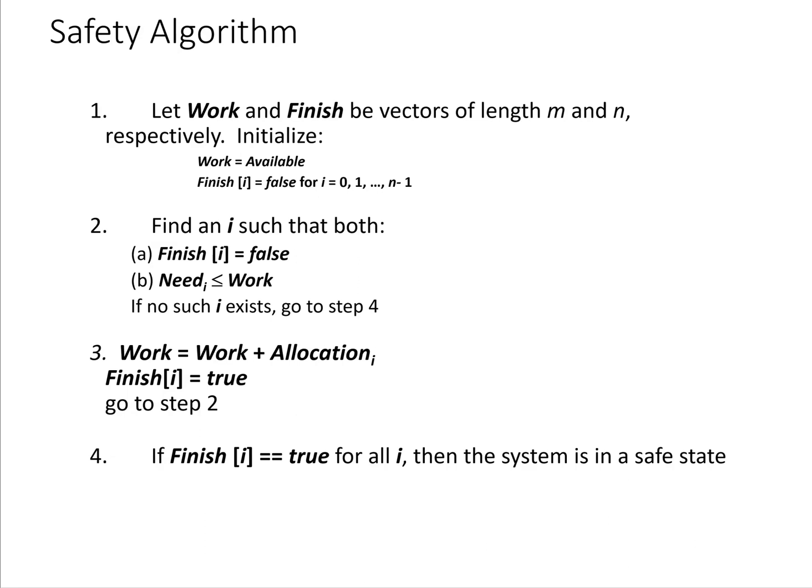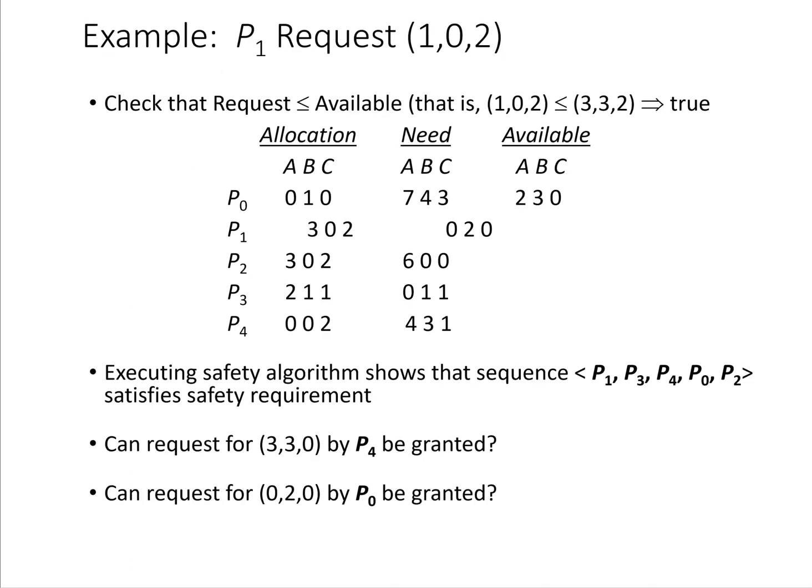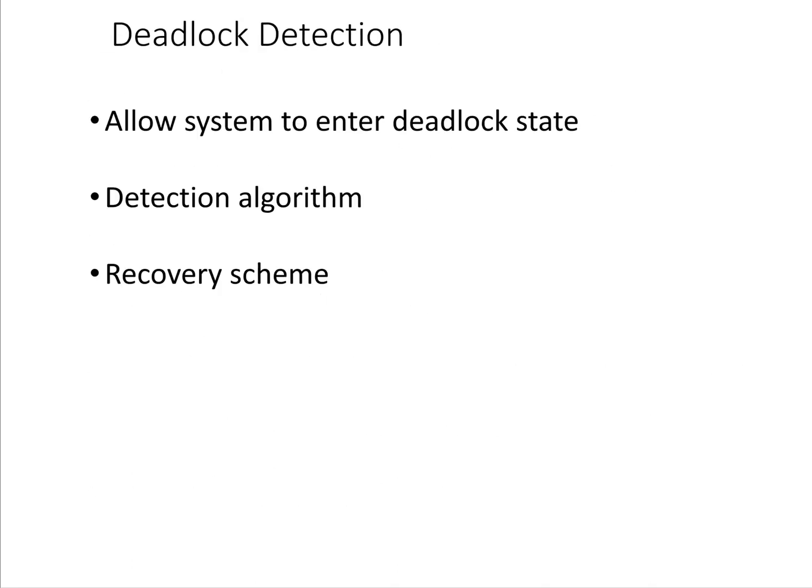If Finish[i] is true for all i, then we're in a safe state. Request equals the request vector for a process. If the request is less than or equal to Need, go to step 2. Now, I'm not going to spend a whole lot more time on the Banker's algorithm because the reality is most operating systems don't use it.